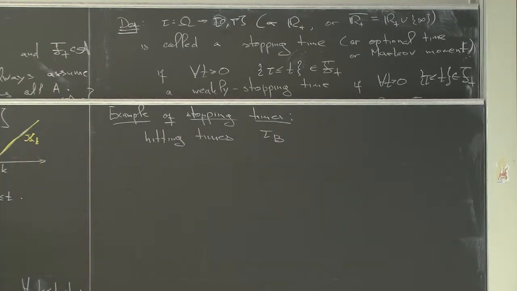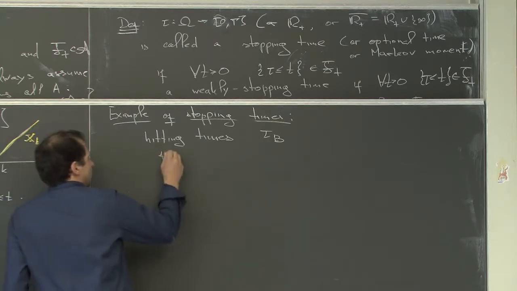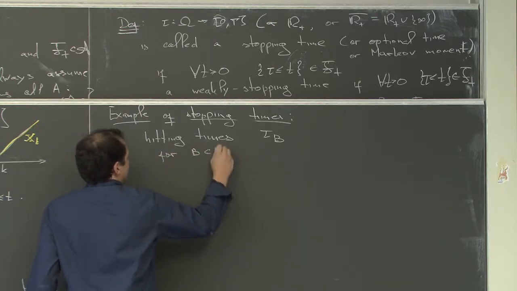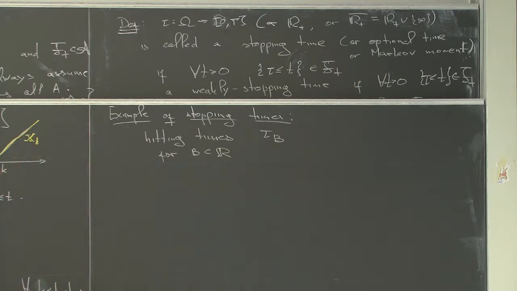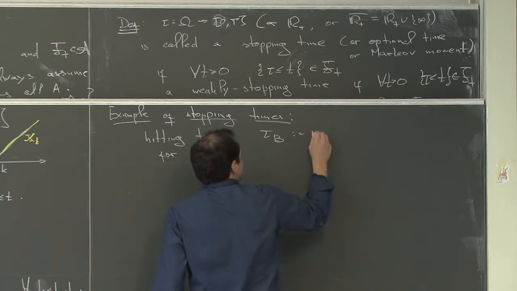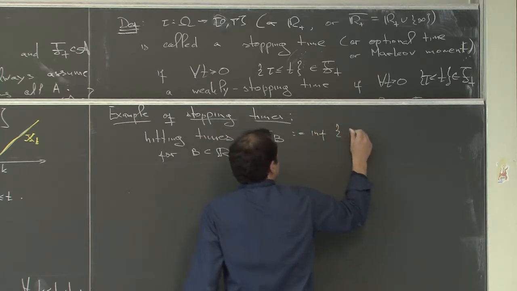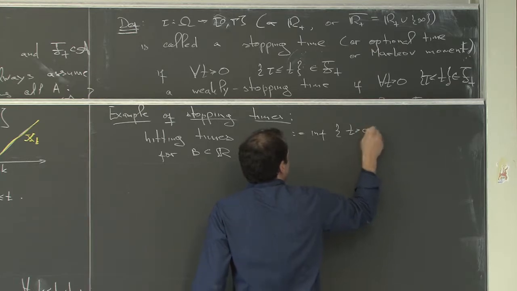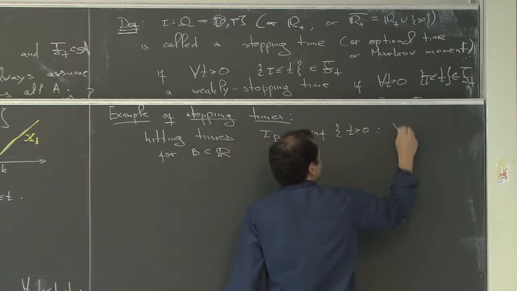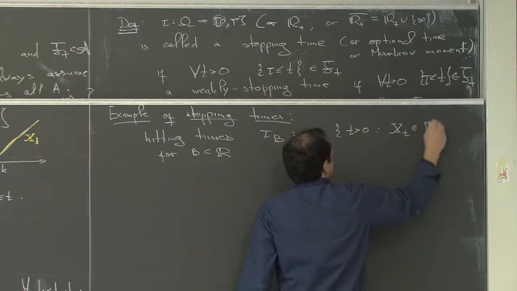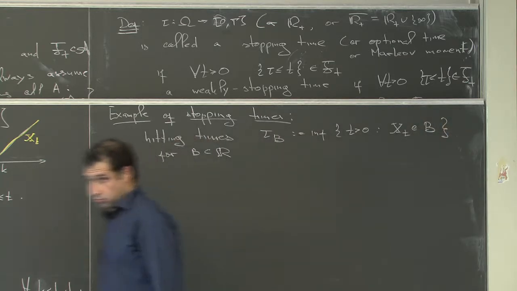What's that? You fix some subset B of R, or rather of the target space. So if your process is not real valued, but say vector valued, or maybe even some more complicated object, this is in the target space. By definition, this is just the infimum of all t such that Xt is in B.